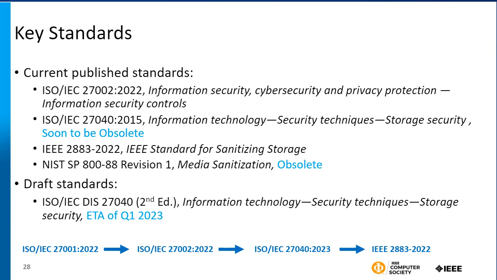There's a companion standard to that, ISO 27002, which is basically information security controls. The latest edition was published in February of this year, so fairly new, with massive changes to this document, and it's often used by auditors as part of the 27001 certification process.